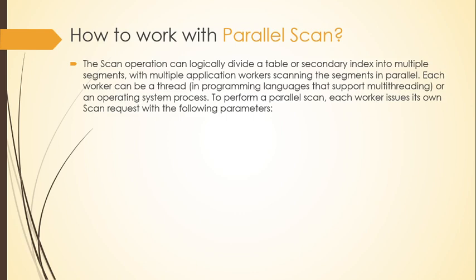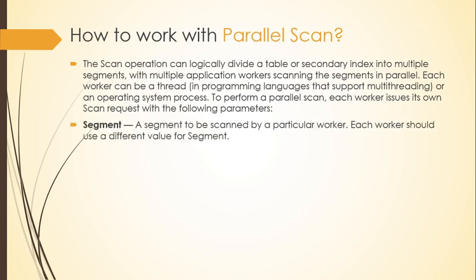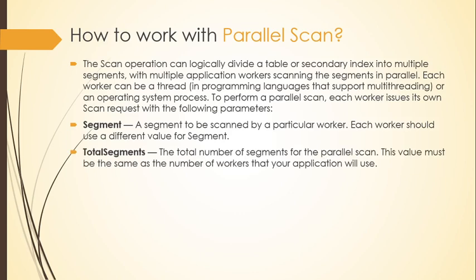To perform a parallel scan, each worker issues its own scan request with the following parameters. Segment: a segment to be scanned by a particular worker. Each worker should use a different value for segment. Total segments: the total number of segments of the parallel scan. This value must be the same as the number of workers that your application will use.